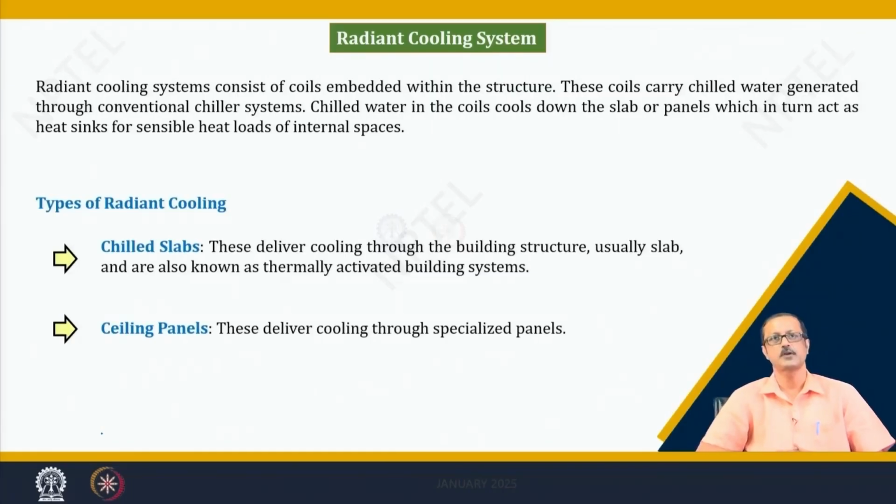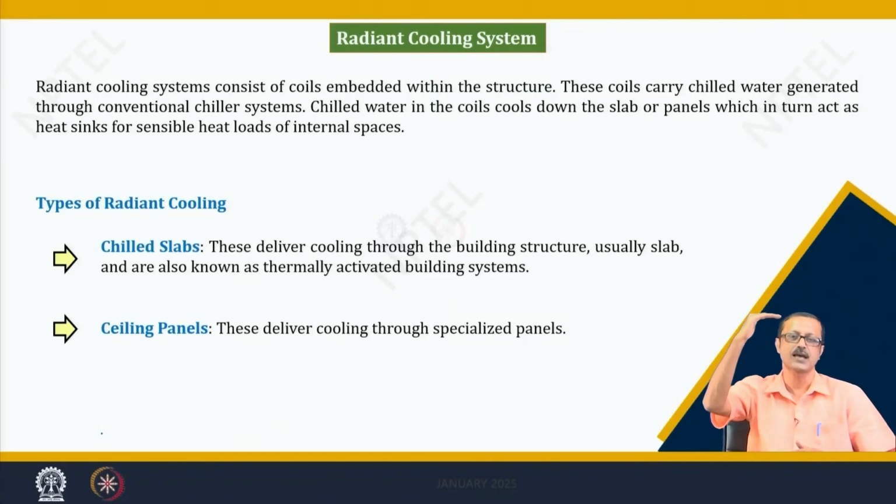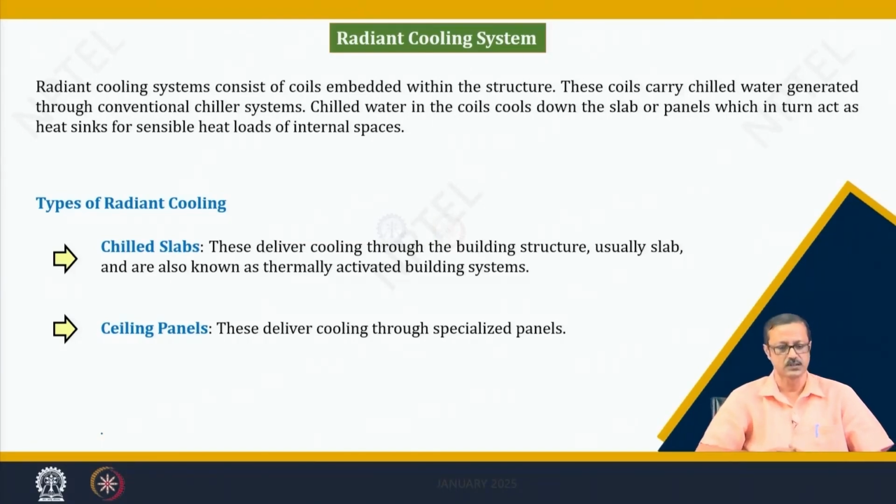There are two types of radiant cooling. One is called the chilled slab, where between the roof slab and the false or suspended ceiling, there are pipelines filled with a flow of chilled water.